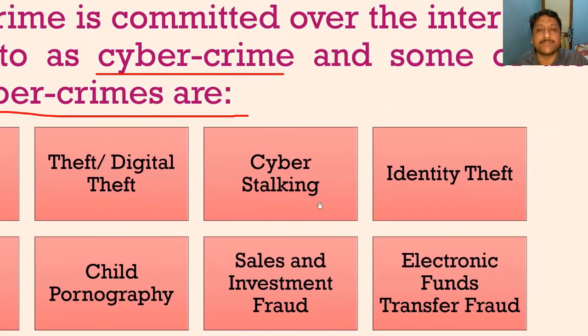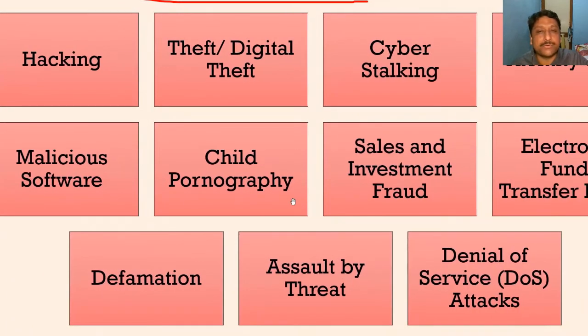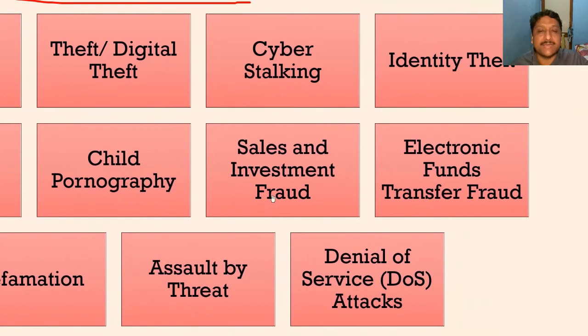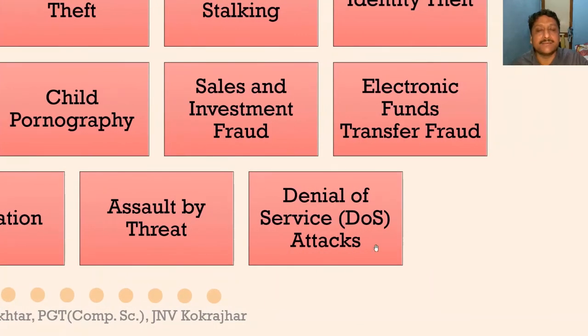Cyber stalking is another type of cyber crime, and to know about it we will learn these things just after some time. Identity theft, malicious software, child pornography, sales and investment fraud, electronic funds transfer fraud, defamation, assault by threat, and the last one is denial of service, DoS attacks.